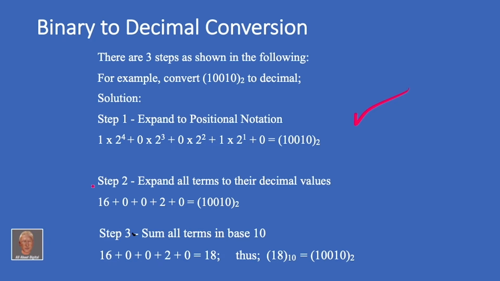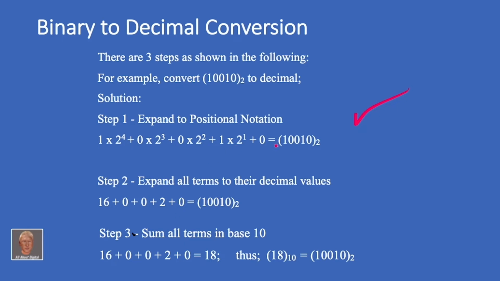Step 2, again, we're converting a binary number to a decimal number. Step 2 is expand all terms to their decimal values. Well, 1 times 2 to the 4th. 2 to the 4th is 16. 1 times 16 is 16. The next digit is 0, so we put a 0. 0 times 2 squared is 0 times 4 is 0. 1 times 2 to the 1st, which is 2, is 2.